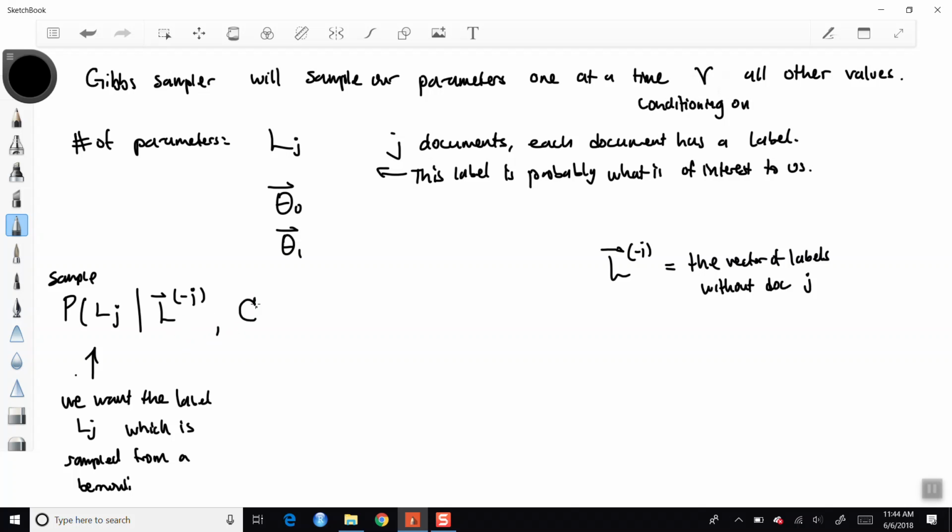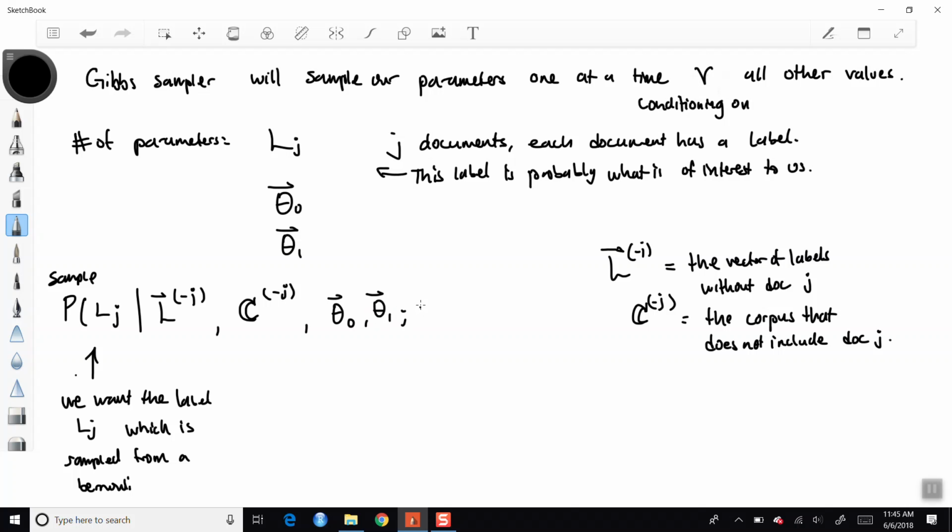Then you've got the corpus that does not include the words that belong to document J, because the words in document J are unclassified right now. And then you still have the theta 0 vector, the theta 1 vector, plus your hyperparameters.